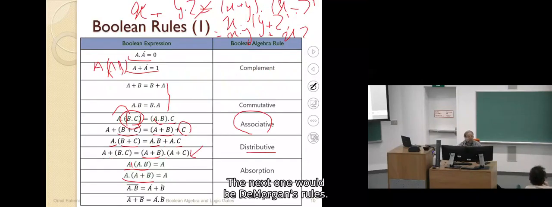The next one would be De Morgan's rules. De Morgan's rules state that negating an AND or an OR will result in the opposite operation with the elements negated. What does it mean? Let's see.